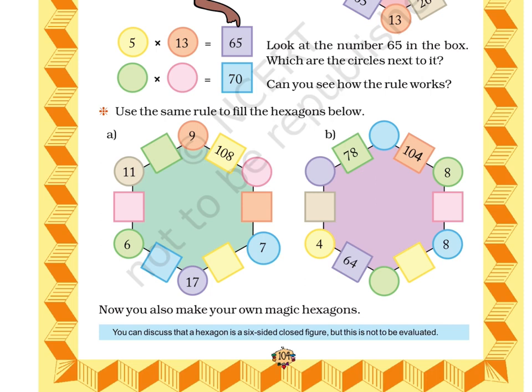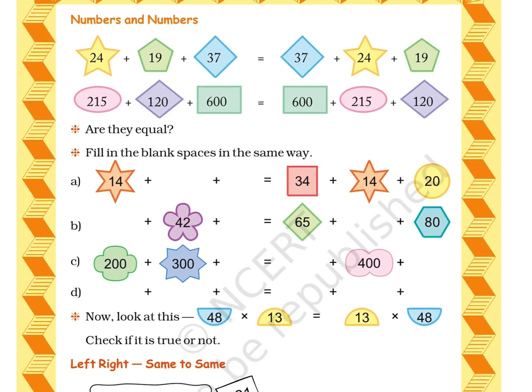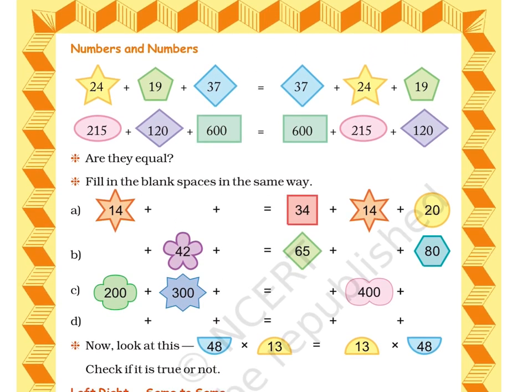So, 24 plus 19 plus 37 is equal to 37 plus 24 plus 19. And similarly in the second row, 215 plus 120 plus 600 is equal to 600 plus 215 plus 120.